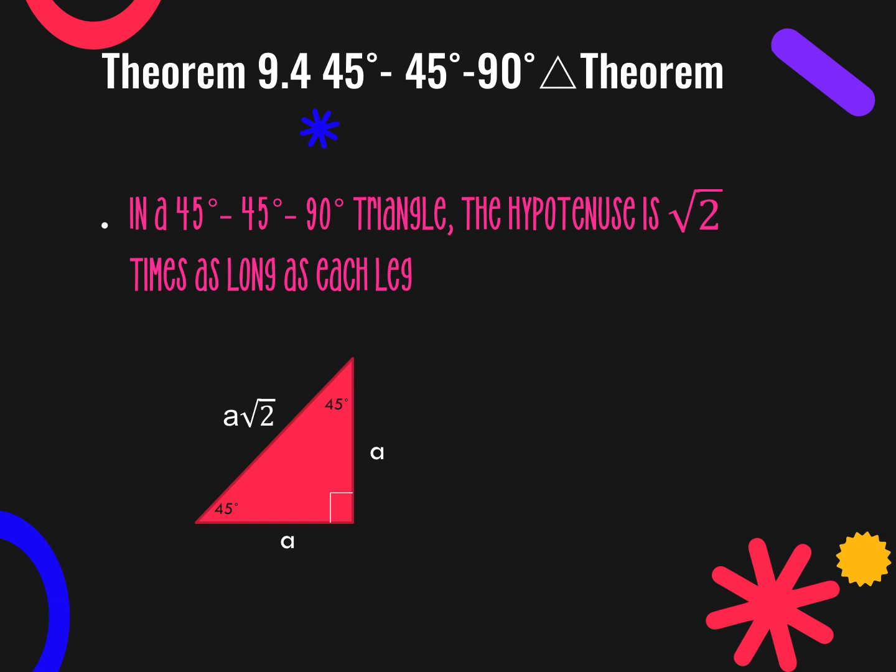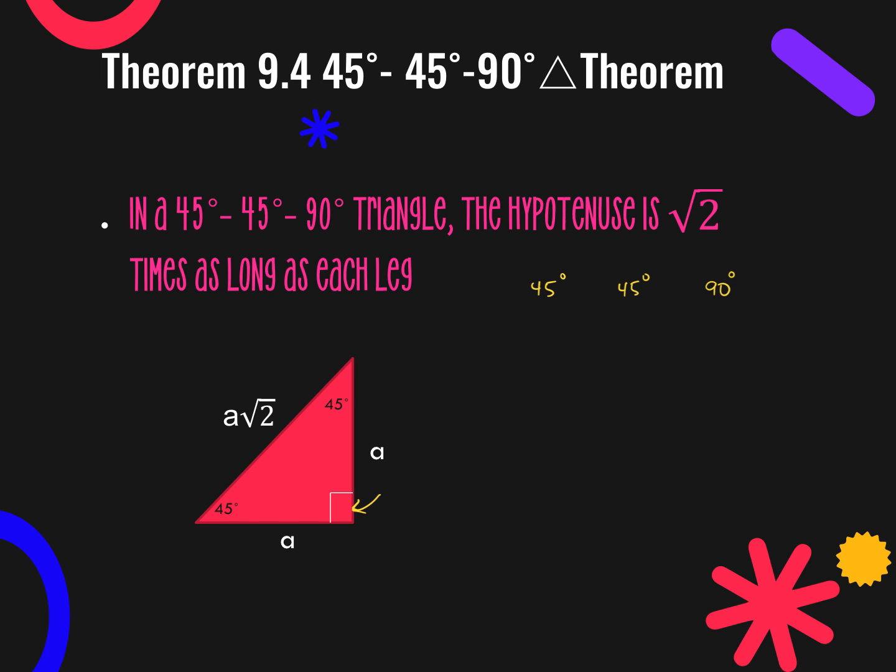Well, one way to do that is if you are given a special right triangle, and a special right triangle in this case is one that has three angles, two of which are 45, 45, and the third one is 90. One of them is always going to be 90 because these only work for right triangles.